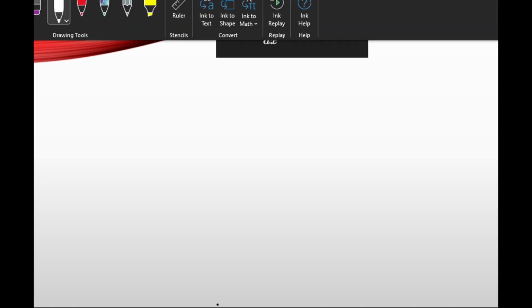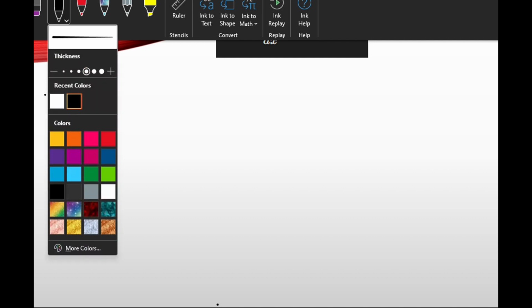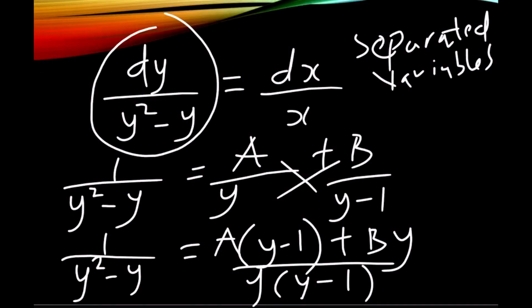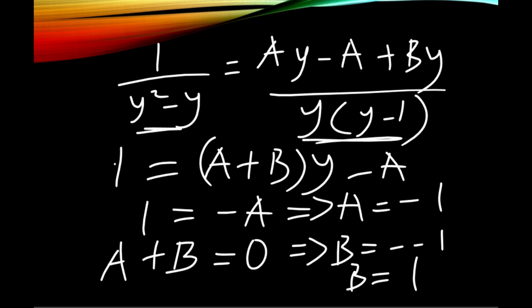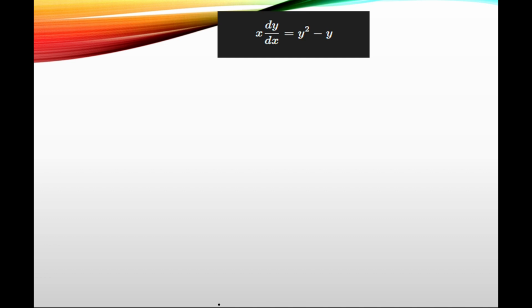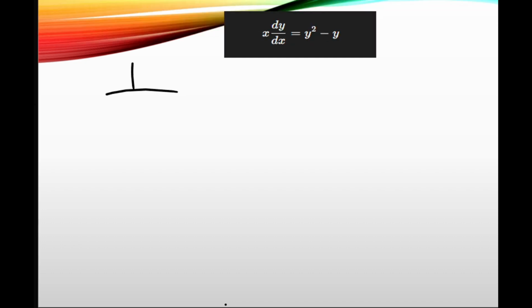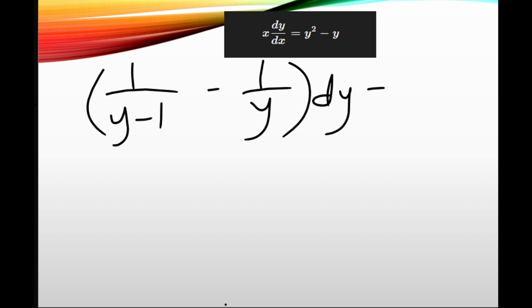So here then we can say that 1 over y minus 1, that is the value of b, and then the a was minus 1, so minus 1 over y is equal to, let's go back and refer, dy is equal to, yes, let's go back and refer.